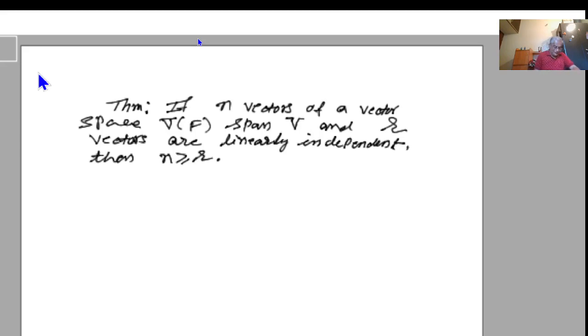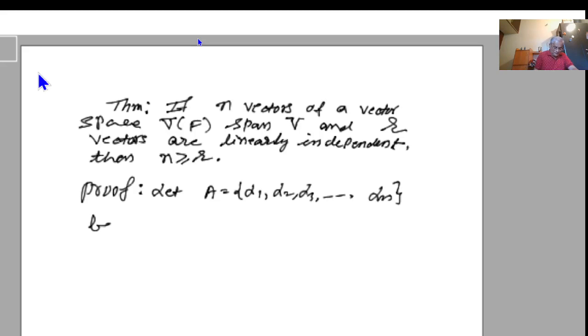Okay, let me consider A equal to alpha 1, alpha 2, alpha 3, up to alpha n, which span V. Okay. So these n vectors span V. And I will consider another set here.